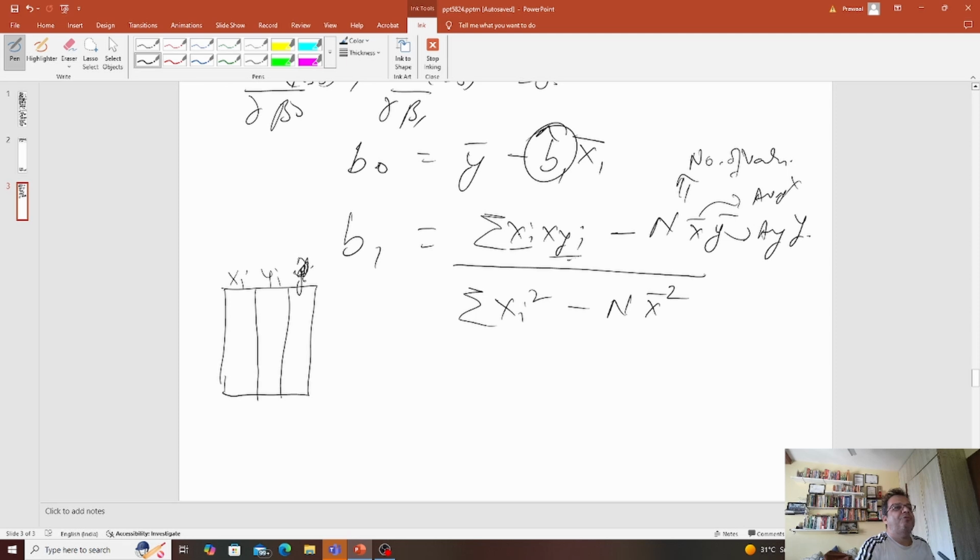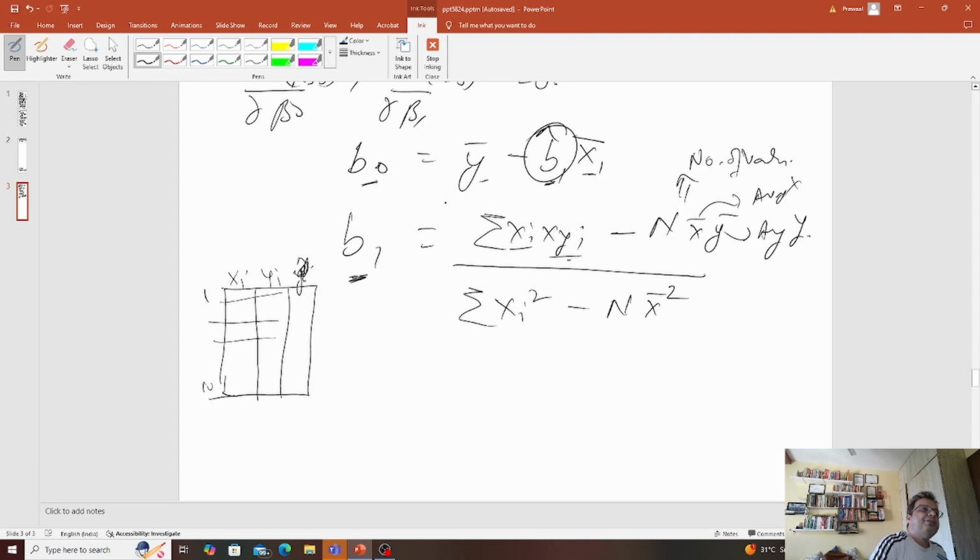It should not be very hard. So you multiply xi yi for all of them, that's what you do here, and xi square. And if they give you 10 values, the value of n is 10, you find beta 1. Once you find beta 1, you replace beta 1 here, and then you find the mean values of x and y, and then you do this subtraction and find the value of beta naught.